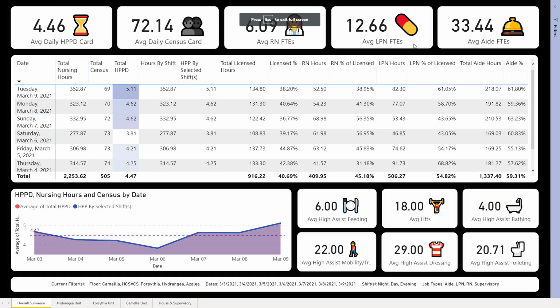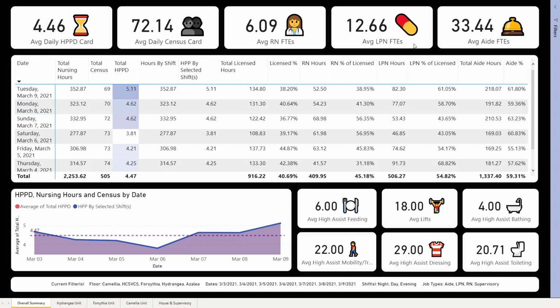So one of the things you might be asking is, I can already get my PBJ numbers. Why do I need this particular dashboard? Well, one of the things that we've tried to target with this dashboard is measuring HPRD by the acuity level of the residents that are on each particular floor.